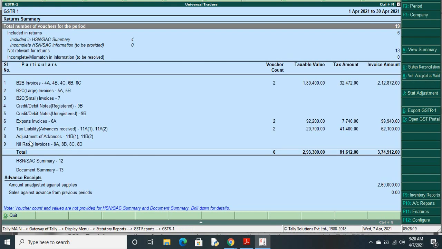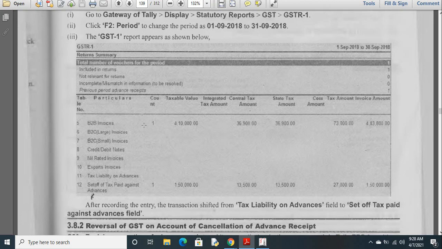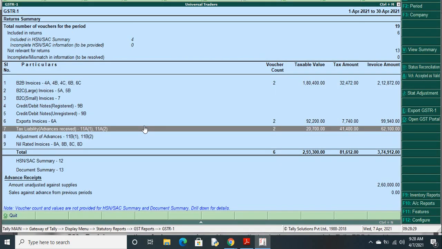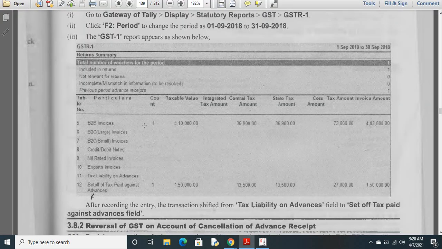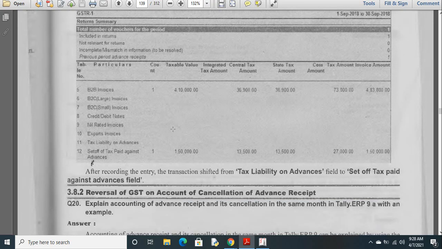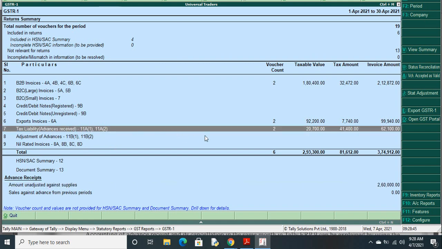Yeah. So now we can see the taxable values here. Next, the tax paid against amount unadjusted against applies. This is 2,60,000. After recording the entry, the transaction shifted to tax liability. So the transactions will be here: 20,700 and 41,400. Total 62,100 will be the tax amounts which are to be adjusted. Advance which we have received, advance taxes.